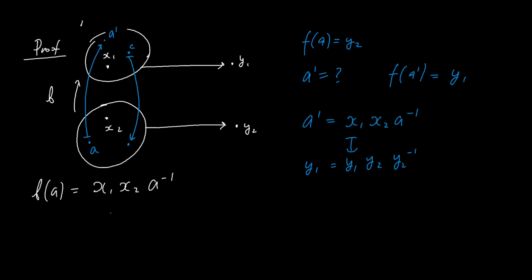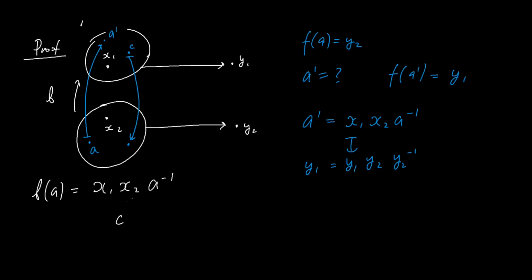So maybe I could try to express A in terms of the rest. So if this was my C, then I would multiply my C maybe on the right side by A. No, I don't want that because then A will get cancelled.